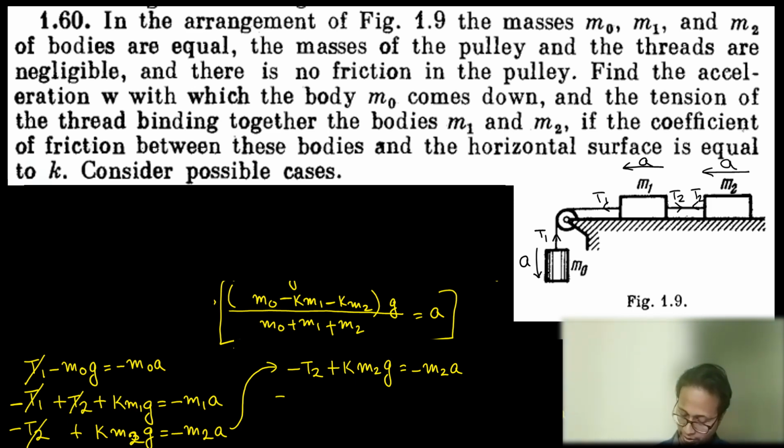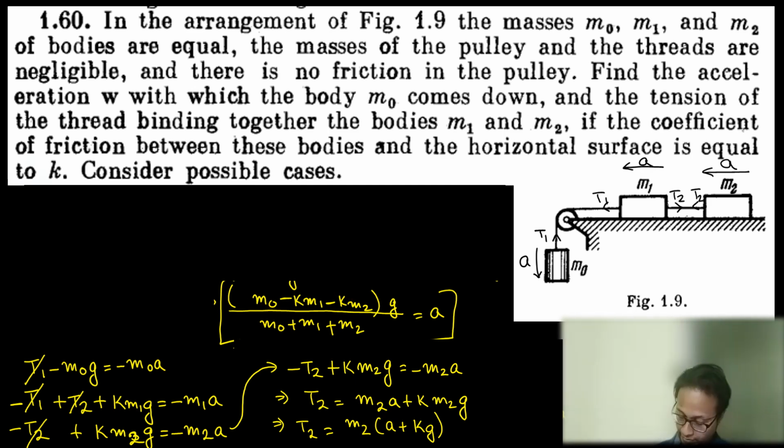What do I need to find? I need to find the value of T2, or T2 is equal to m2 a plus k m2 g. Or T2 is equal to, taking m2 common, m2 into (a plus k g), but the value of a is given by this equation.